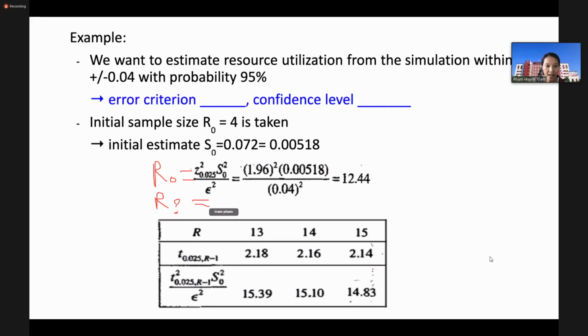Let's replace the t with the z value, and let's assume that the variance doesn't change much.